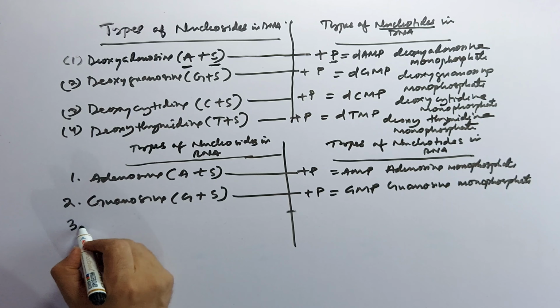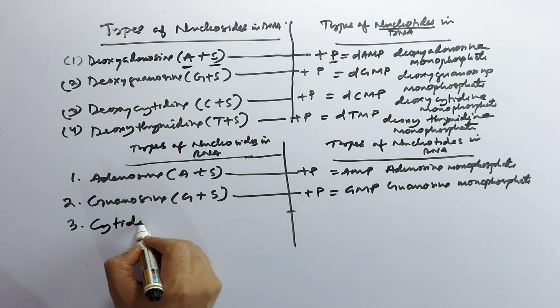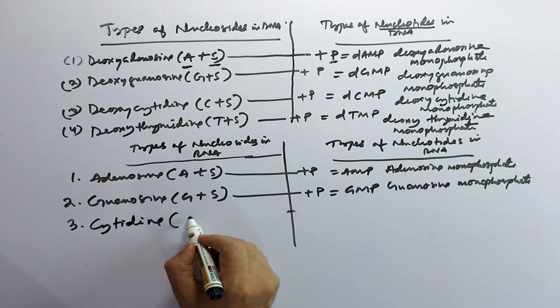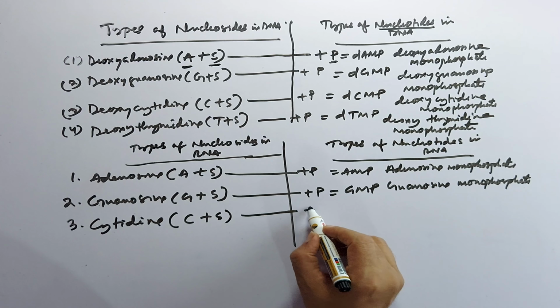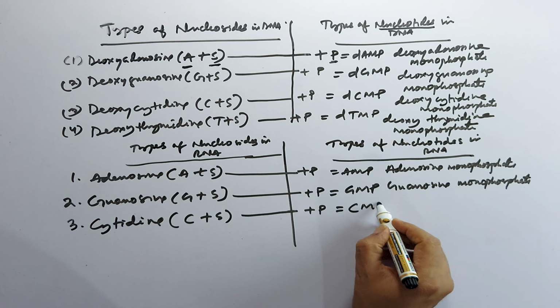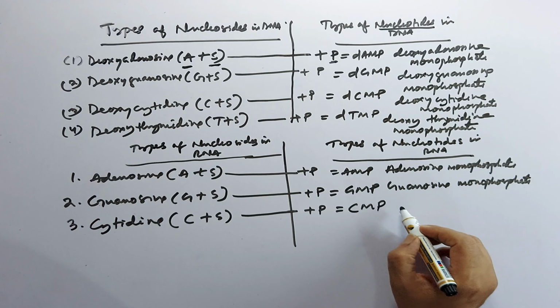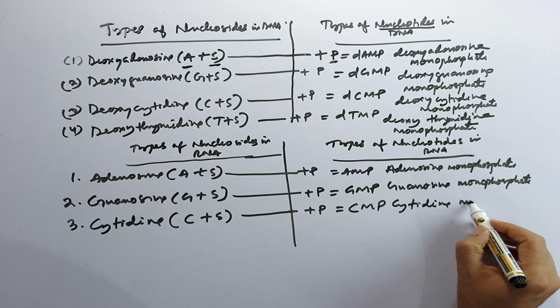The third one is cytidine, that is cytosine plus sugar. When added with phosphate, it changes to CMP, cytidine monophosphate.